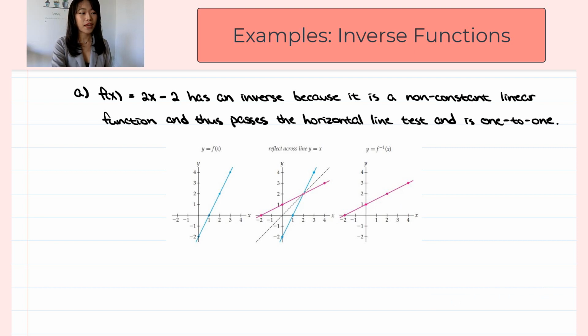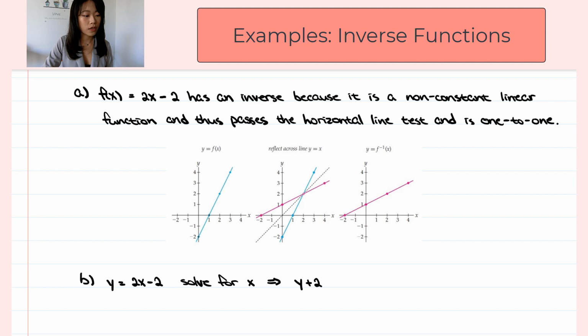Then in part B, we want to find the formula of the inverse of f. How can we do that? We are going to let y equal f of x, which is 2x minus 2. Then we are going to solve for x. I can move the negative 2 to the left-hand side, so I have y plus 2 equals 2x.